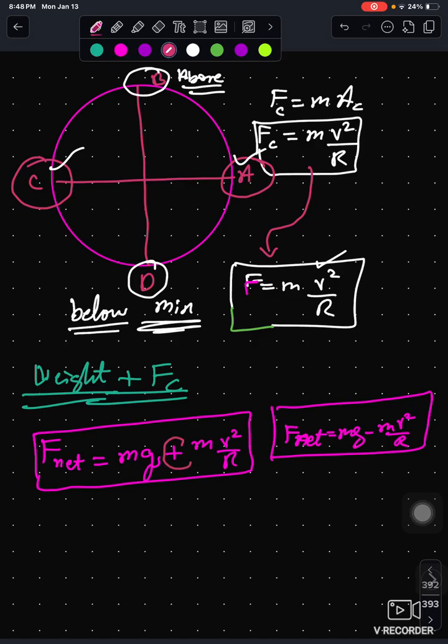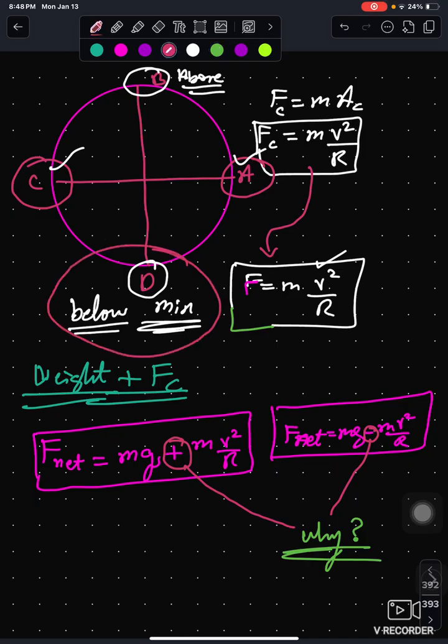Now you might be wondering why there's a difference of sign. When we talk about the centrifugal force in the bottom part, isn't gravity applying the most, since we're going in the direction of gravity?